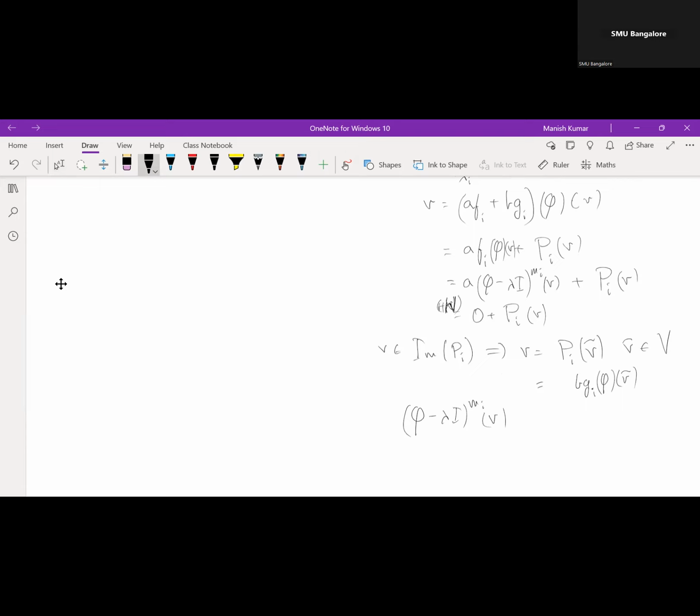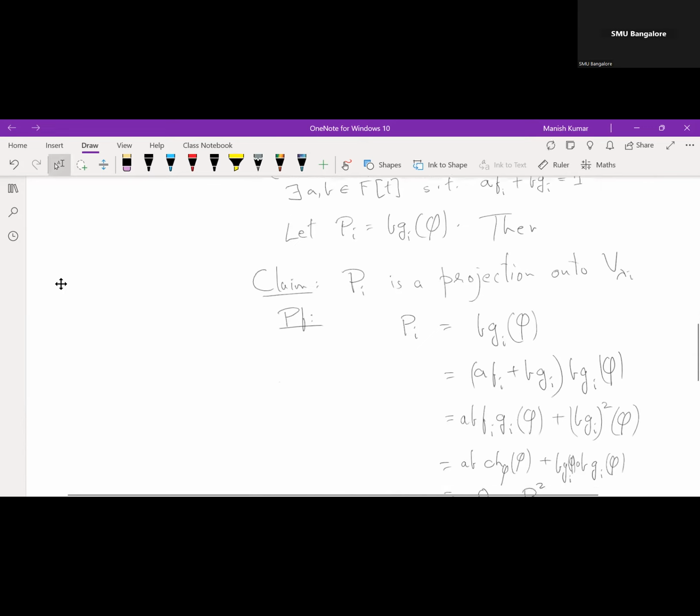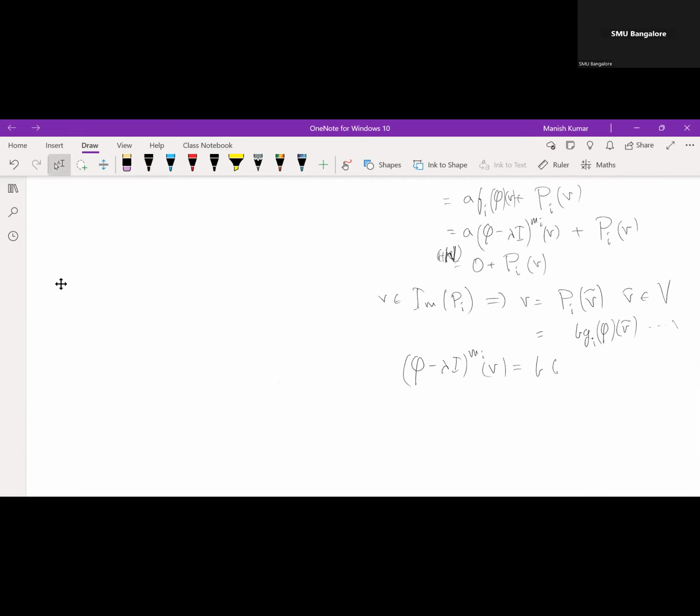You apply this. By the previous line, it is b times fi gi, I can write it in whatever order, applied to v tilde. But fi times gi is the characteristic polynomial, and when you apply phi, you get 0.